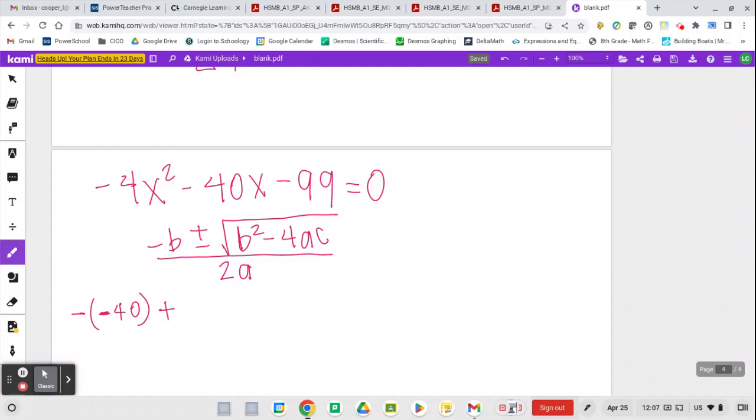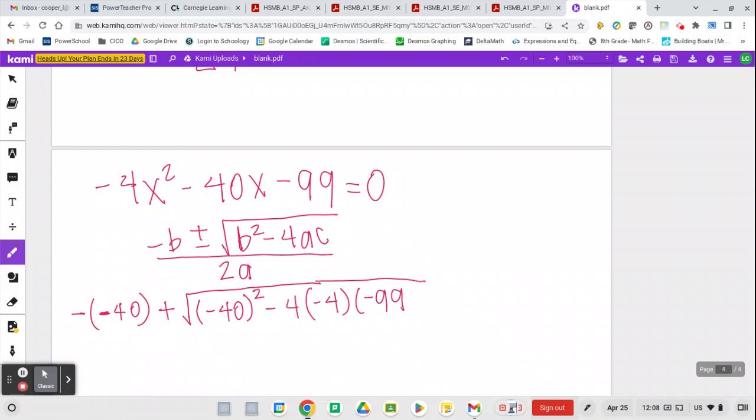That's all plus minus means. Then I take the square root of b squared. So I'm going to do negative 40 squared. Please make sure you put it in parentheses. That's very important. Minus 4 times A times C.